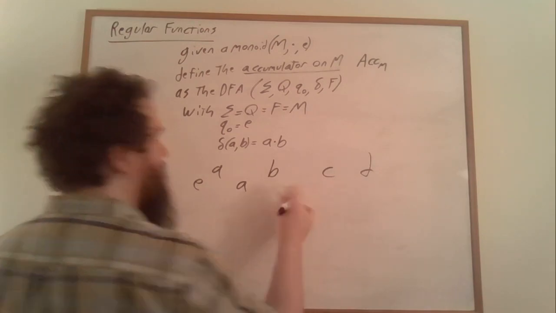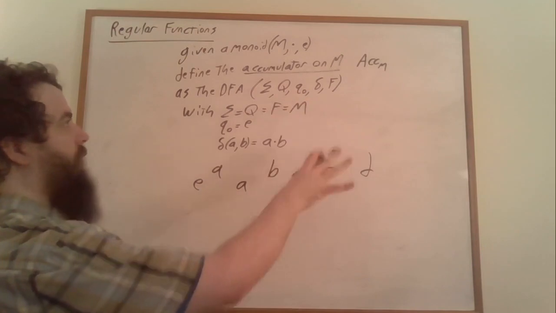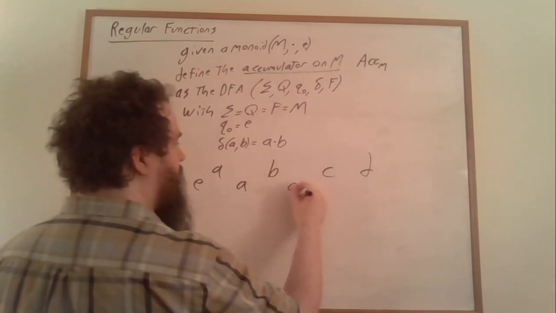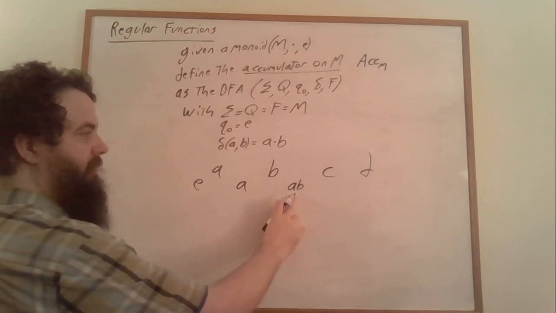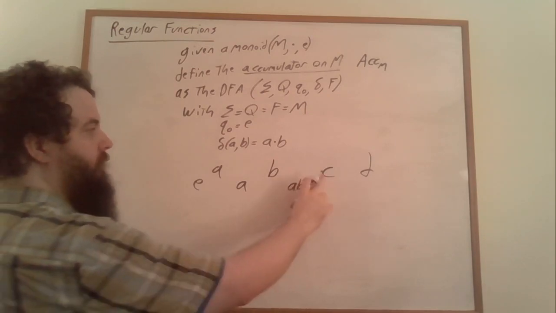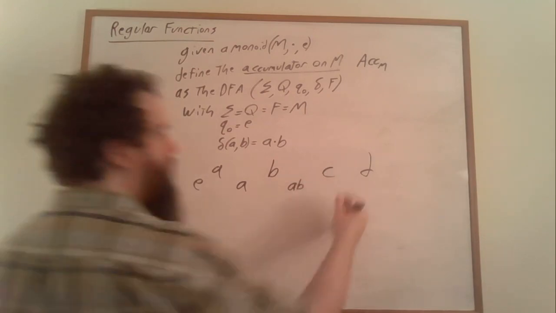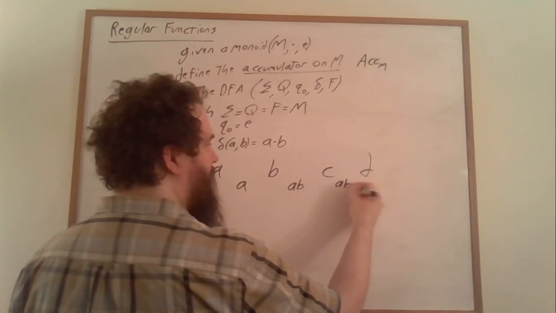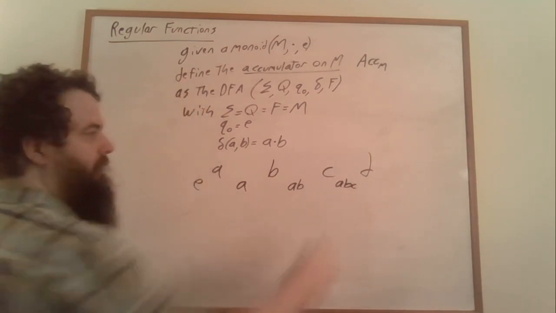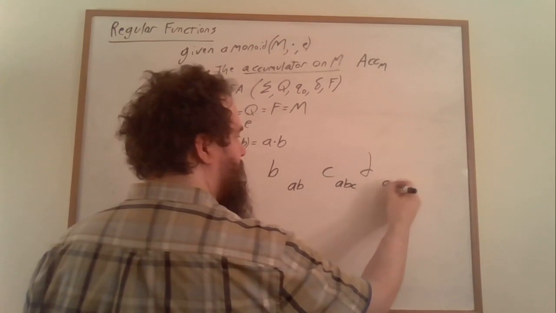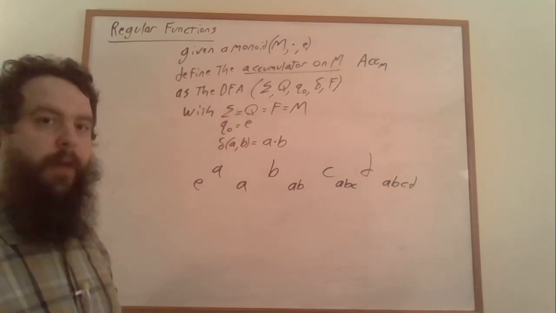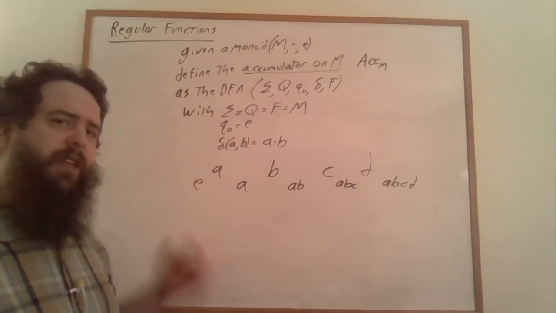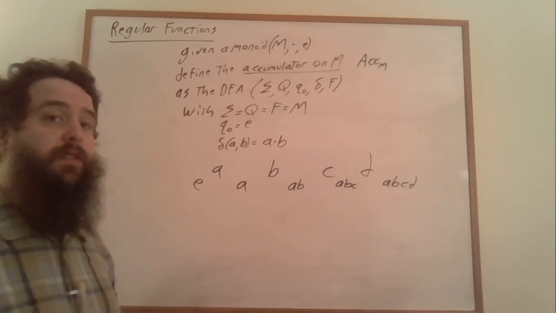But I'll just write this because I want to do this in general first. So I'm just going to write this as AB. And then if we're in state AB and we read a C, we're going to wind up in state ABC. And if we're in state ABC and we read a D, we wind up in state ABCD. This automaton here is essentially calculating cumulative sums.